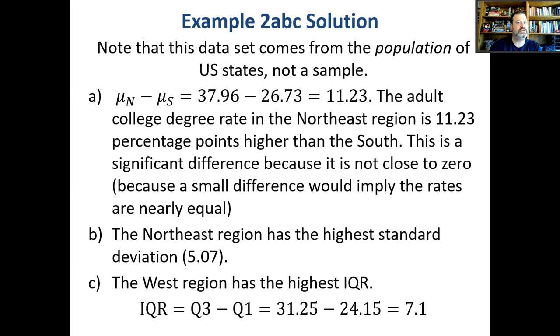So using two different measures, we got two different answers. That's okay. The standard deviation, remember, takes into account all the data values. The IQR uses medians. So the two numbers might not agree. That's totally fine.